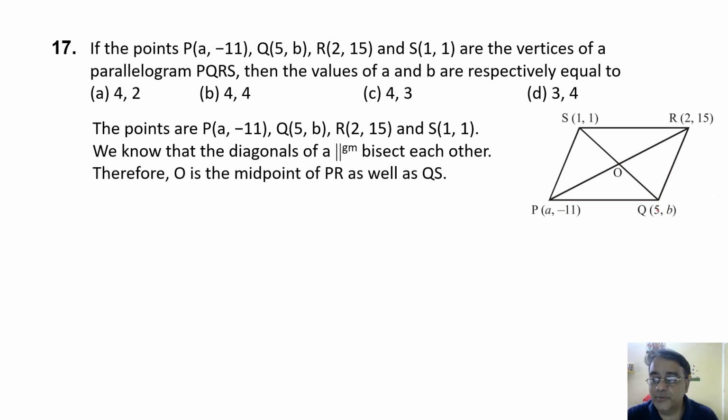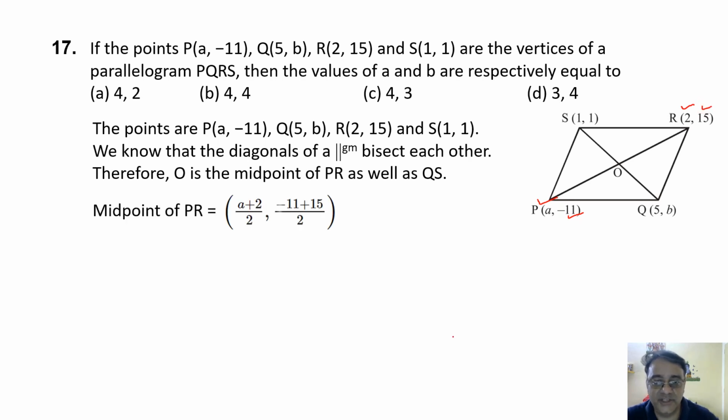Okay, so the midpoint of PR will be (a plus 2) by 2, (minus 11 plus 15) by 2. So (a plus 2) by 2, and 4 by 2 will become 2.